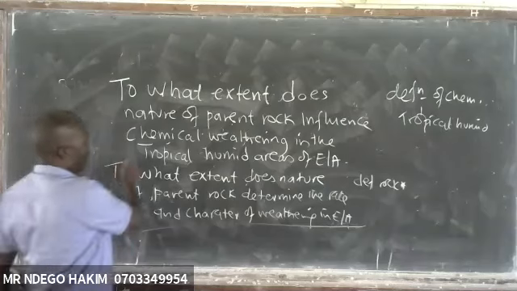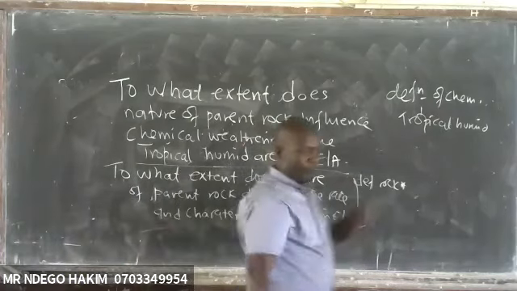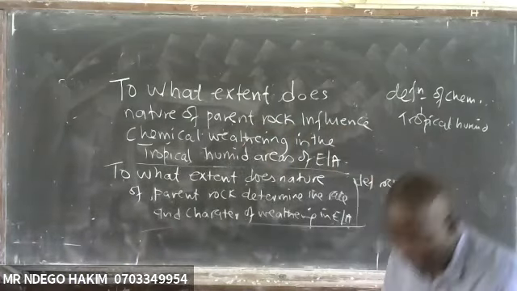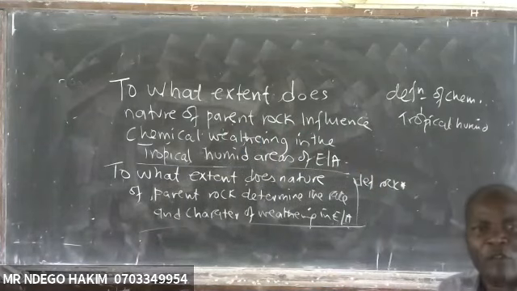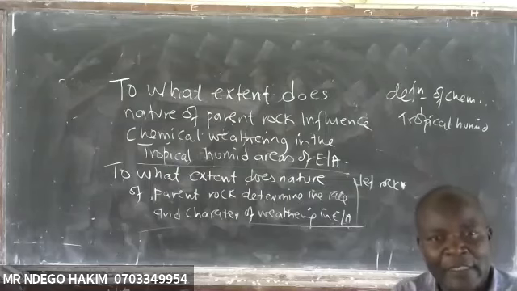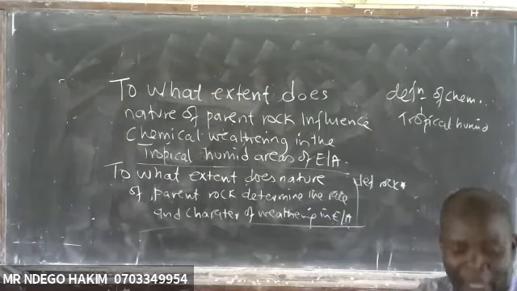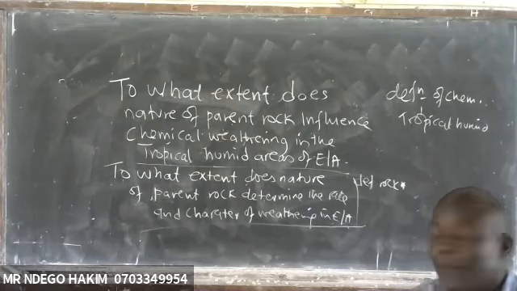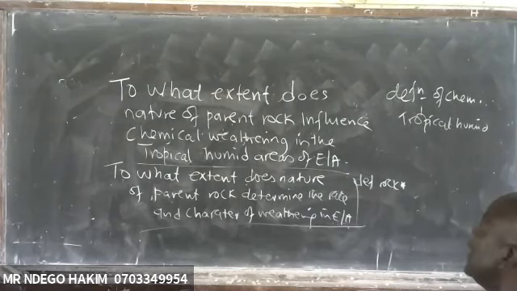That is question 4. When you come next time, you can try to interpret it on your own. When I come next time, you can first tell me, I did this, then you can go on and explain it. To what extent does nature of parent rock determine the rate and character of weathering in East Africa?